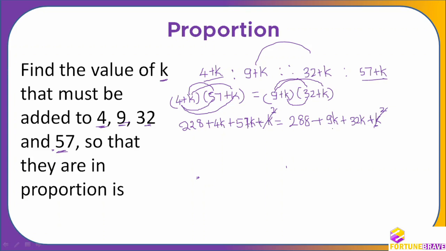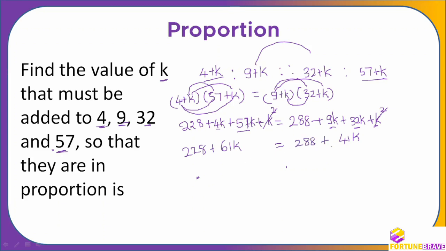Next step also we are going to do the same way. 9k plus 32k will be what? 41k, and here 4k plus 57k will be 61k, plus this 228, which is equal to 288 plus this one.